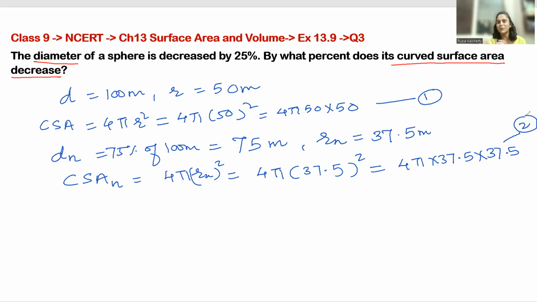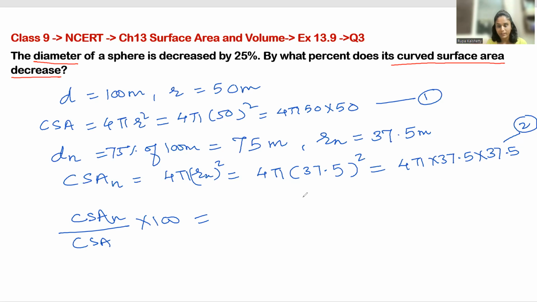Now, by what percent does its curved surface area decrease? That means how much is the new curved surface area of the original surface area? For that, can we write CSAn, the new curved surface area, over CSA times 100? Because you're finding how much the new one is of the total.